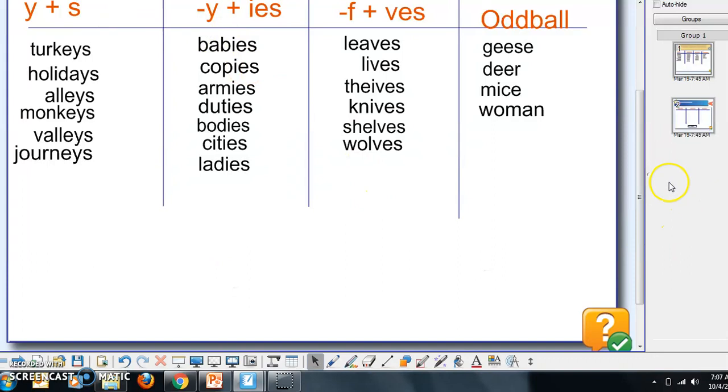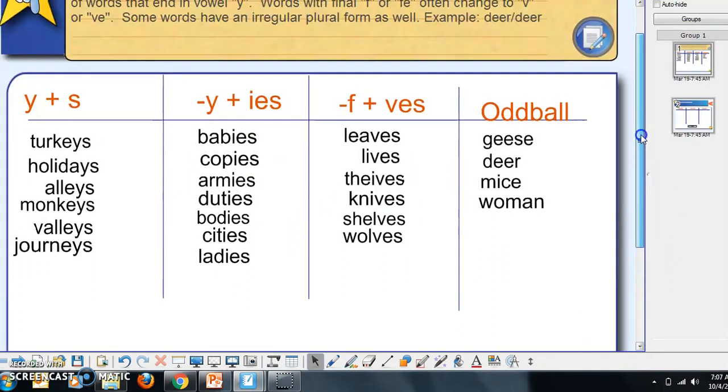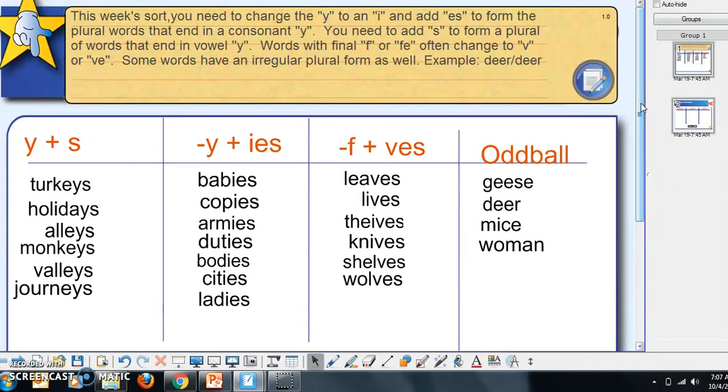So let's go back and discuss our written discovery one final time. Please make sure you copy this down so that you can use this for your upcoming assignments.